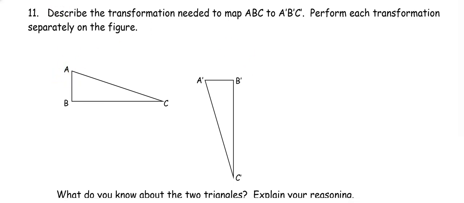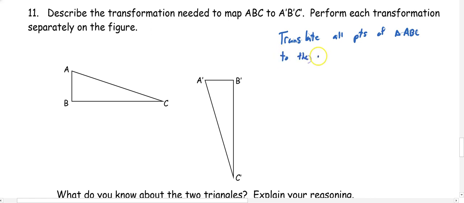So we're going to translate all points of triangle ABC. And since we don't have a coordinate, we're just going to say what directions. So we're going to say to the right and up.